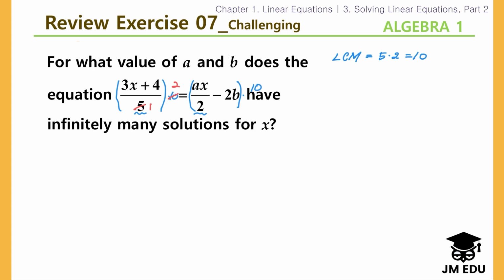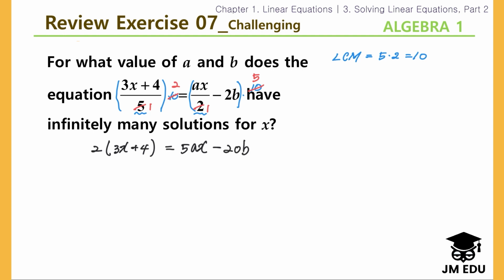So we have 2 times 3x plus 4 is equal to, here 2 times 1 is 2, 2 times 5 is 10. So 5 times ax, that's 5ax, minus 10 times minus 2b, that's minus 20b.